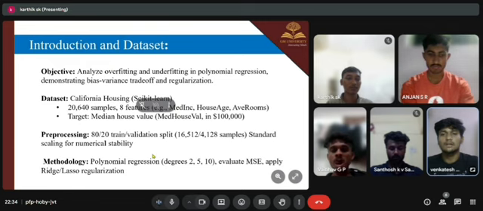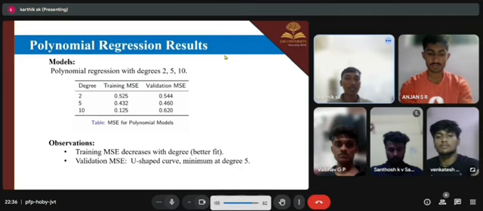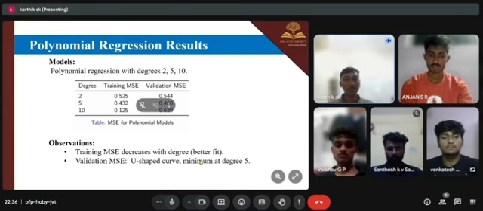The next slide is continued by SK Karthik. Next is the polynomial regression result, where polynomial regression models with degrees 2, 5, and 10 are used. For degree 2, the training MSE is 0.525, and for validation it is 0.544.